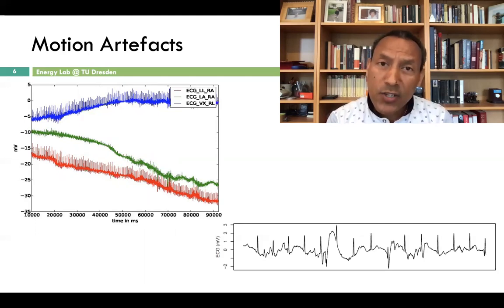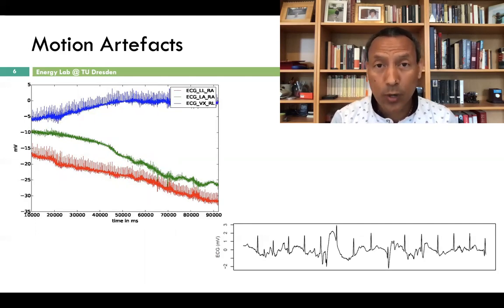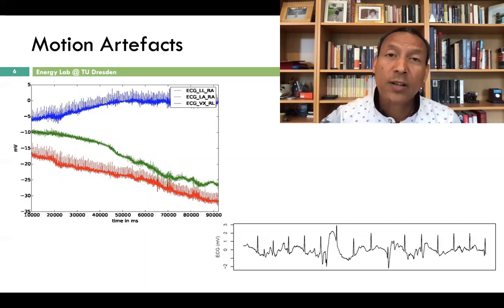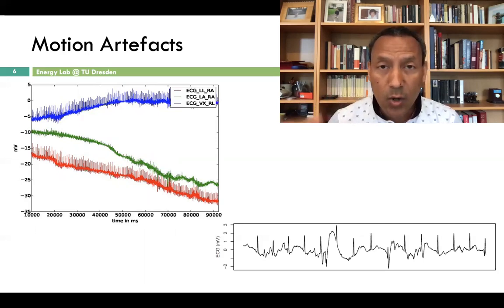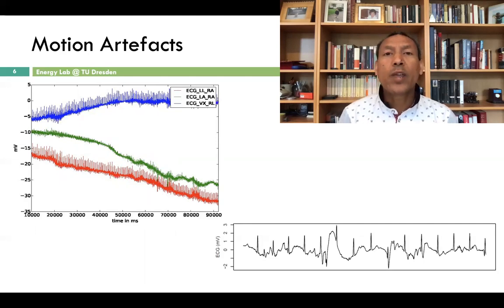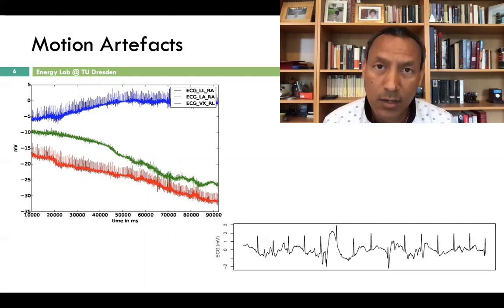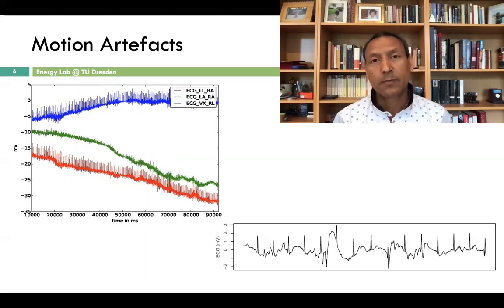The gradual change is relatively easy to remove. We can simply apply a high pass filter because the gradual move is a slow process. It contains low frequency components. So we can remove these low frequency components by applying some digital filters.